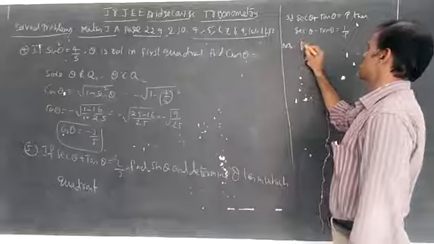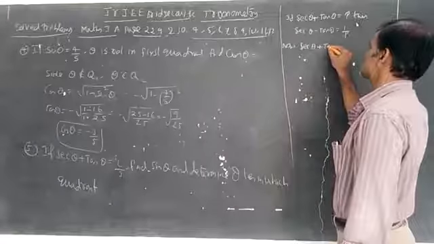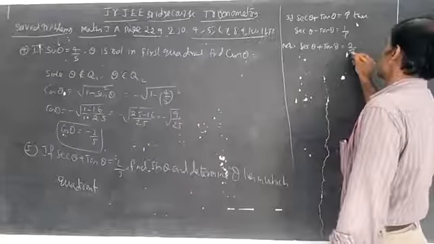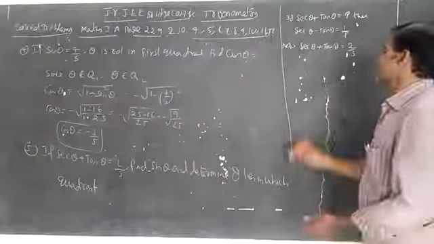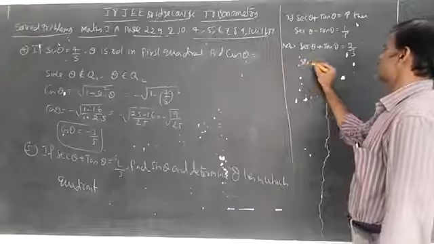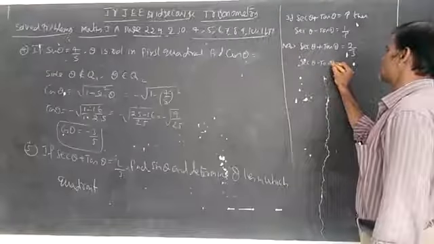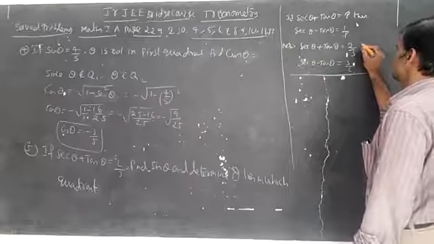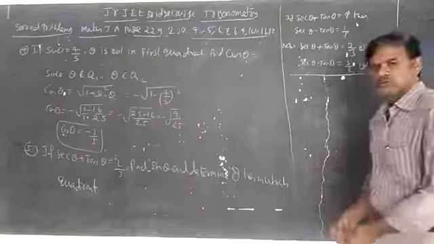So now we can write here secant theta plus tan theta is equal to 2 by 3. Let us write secant theta minus tan theta is equal to its reciprocal, 3 by 2. This is equation 1 and this is equation 2.